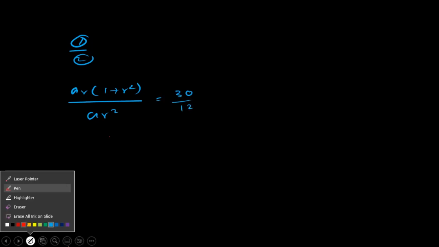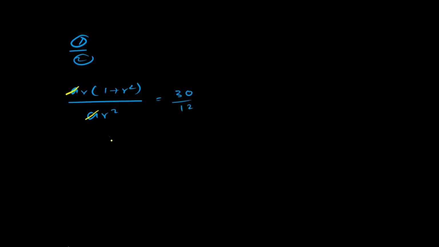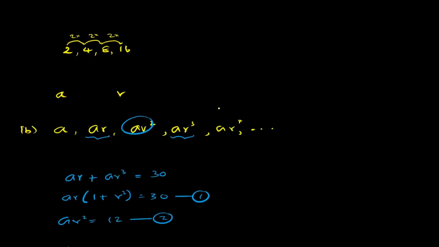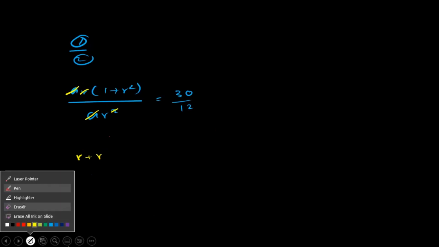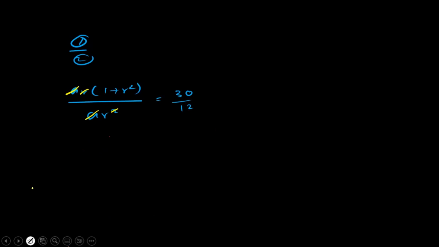Can you see this first term? We can cancel it. Here the R and from this R square I can cancel one R. So you will simply get a quadratic equation in R. Here in the numerator we have 1 plus R square.